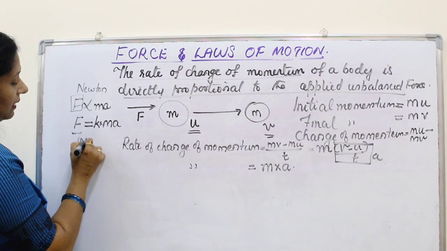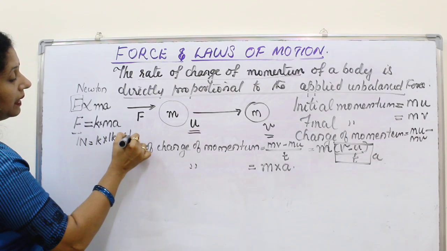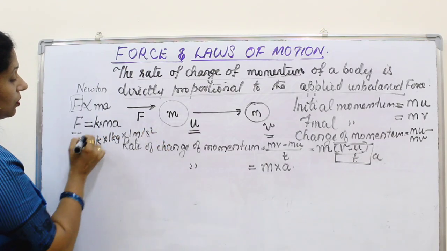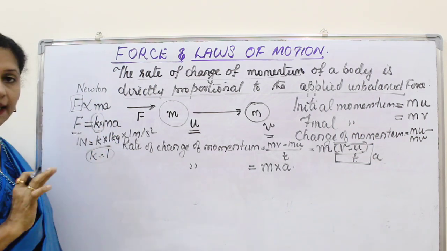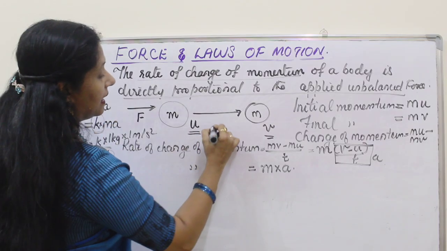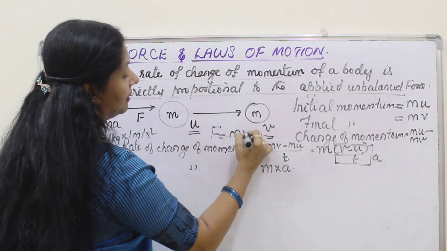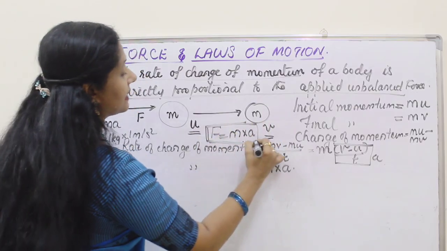So 1 Newton will be k into 1 kilogram into 1 meter per second square. So we can take k equal to 1. Constant k becomes 1 in this case if we are considering 1 Newton. We can rewrite this equation as F is equal to m into a. Force is equal to mass into acceleration.